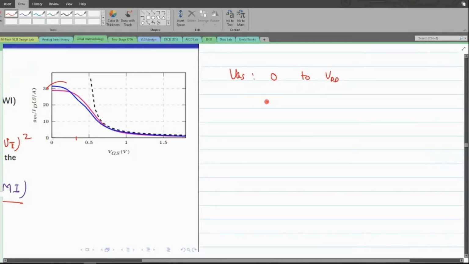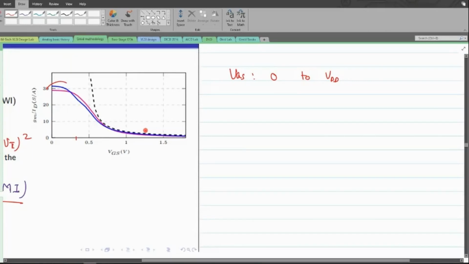In turn, this GM over ID is also a continuous function. It is not completely constant, nor completely dependent on the value of VGS minus VT, the whole square. It seems to be a continuous behavior.